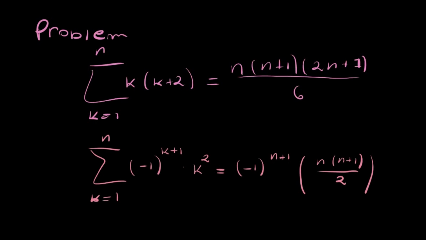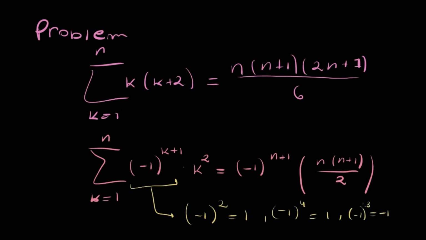Now, this is something we'll see very often, so I want to talk about it. Minus 1 squared, for example, is 1. Minus 1 to the power 4 is 1. And if we have an odd number, minus 1 to the third is minus 1.